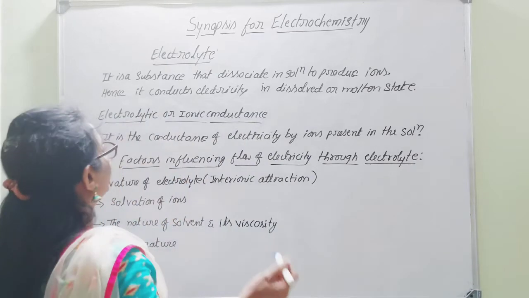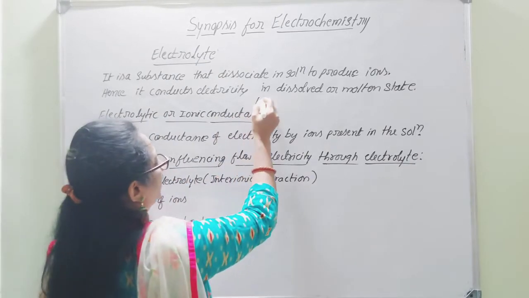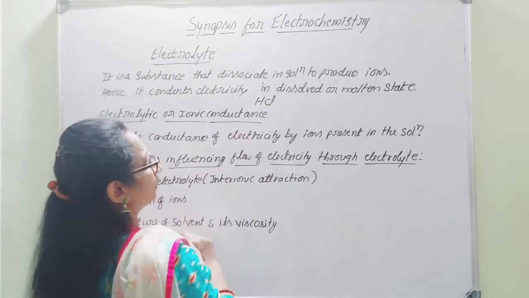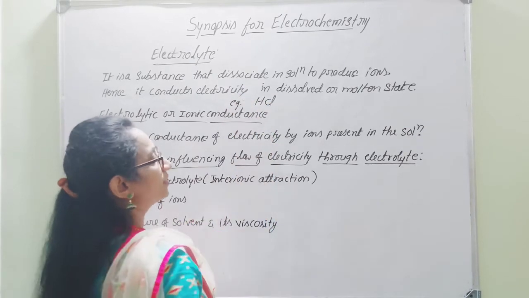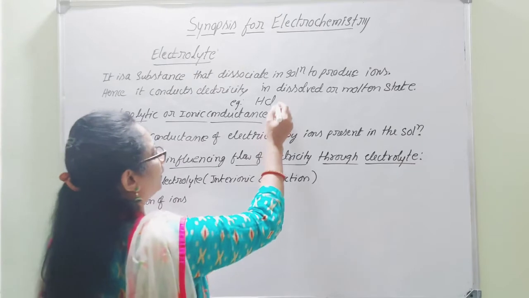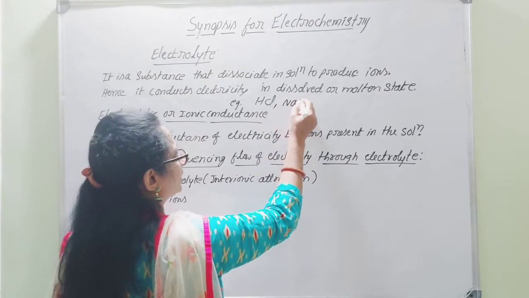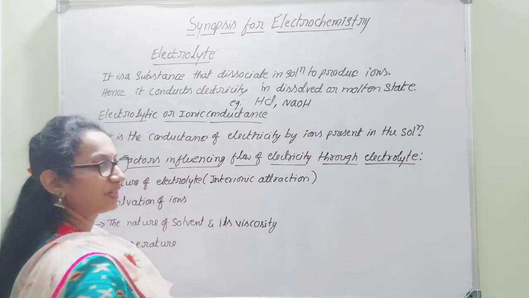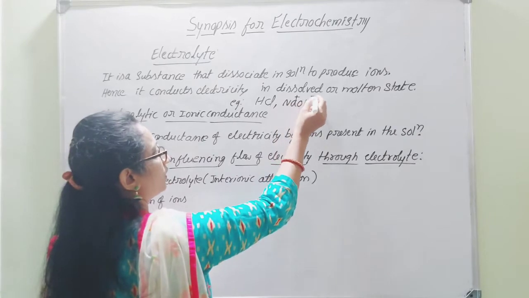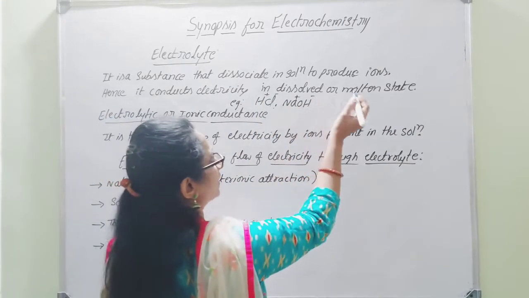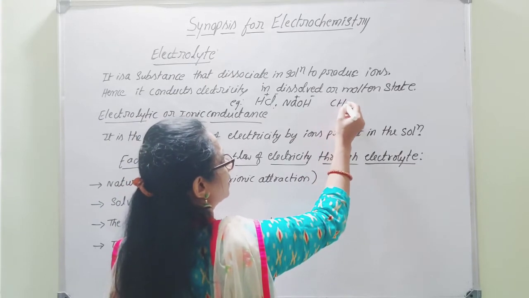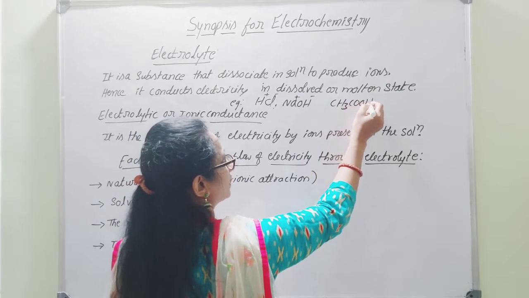Different examples: a strong acid, that is HCl, is a strong electrolyte because it dissociates completely to give H plus and Cl minus ions. If you consider sodium hydroxide, that is a base, it also dissociates to give Na plus and OH minus ions. For a weak electrolyte, we can take a weak acid, CH3COOH, acetic acid.